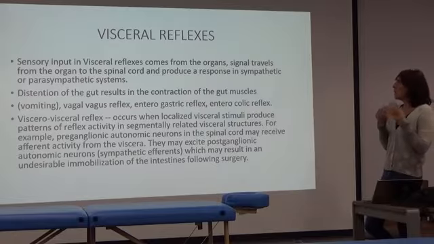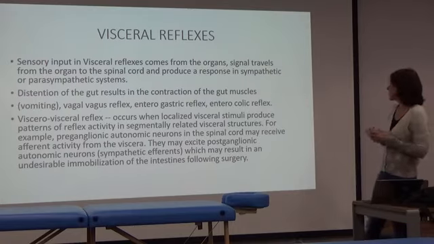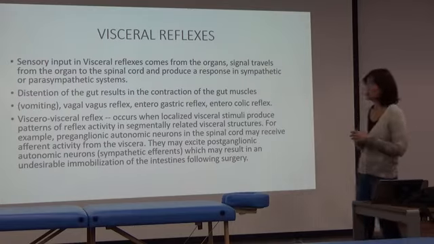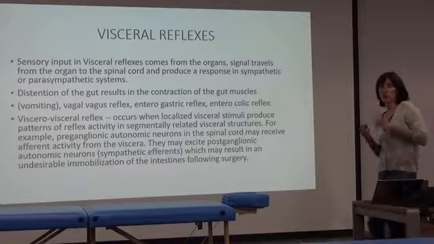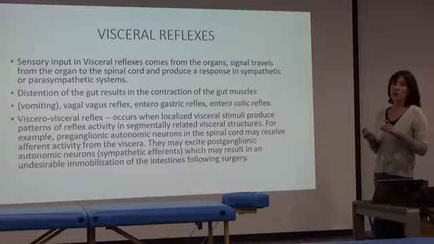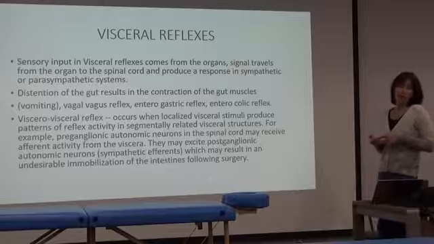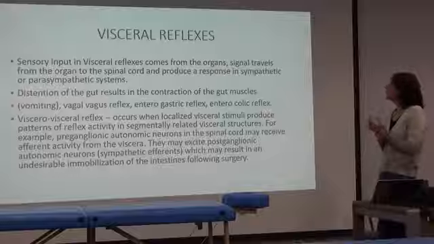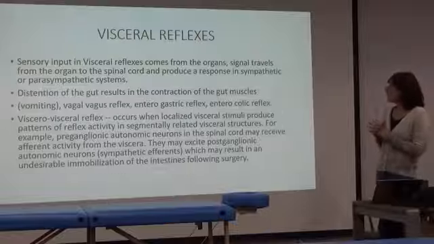For example, we have vomiting, we have the vagal vagus reflex, we have enterogastric reflexes, we have enterocolic reflexes, and so on. All those reflexes regulate the production of hydrochloric acids, they regulate the production of enzymes, they regulate peristalsis, and basically they regulate the whole GIT system.